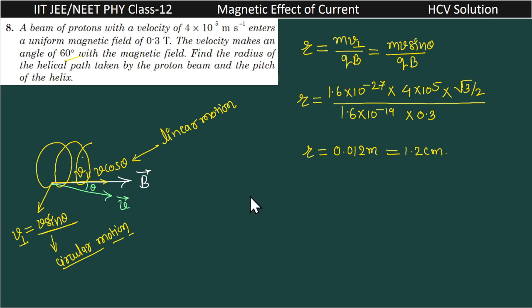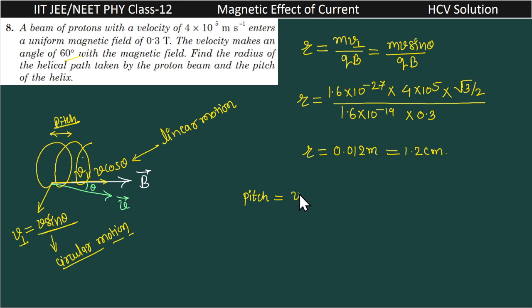Now for the pitch, this pitch is due to the linear motion. What is the meaning of pitch? Pitch means the linear distance covered by the charged particle after completion of one cycle.